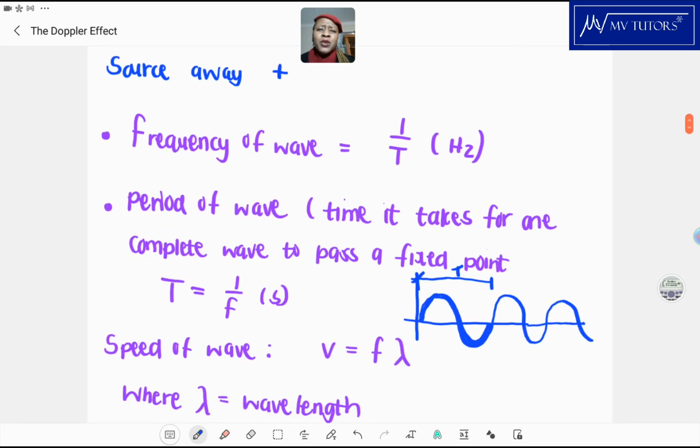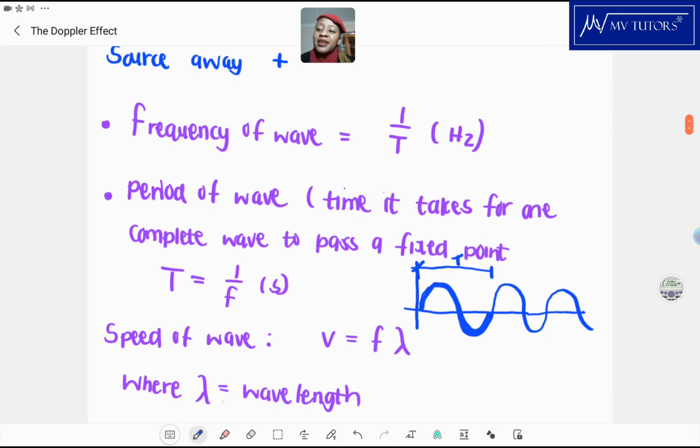So it depends really on what they've given you. And if they've given you a wavelength, which is measured in meters, so if you have a speed and you have the wavelength, you can also get the frequency. So yeah, I think that is basically the theory behind the Doppler effect.